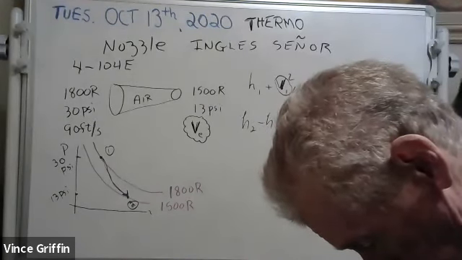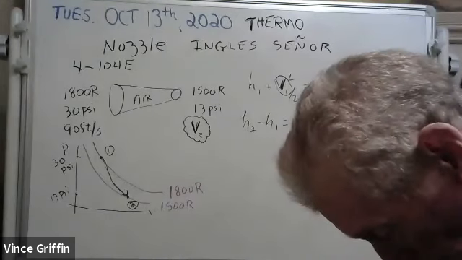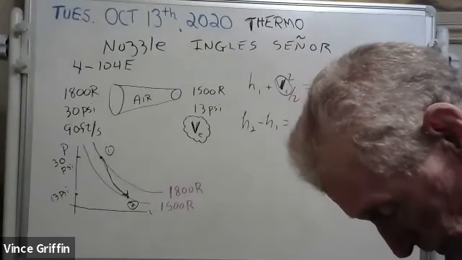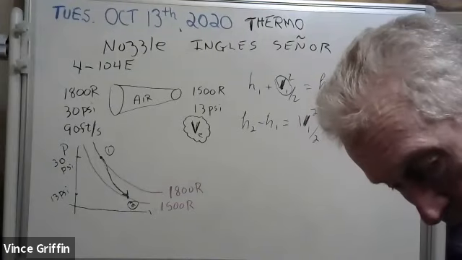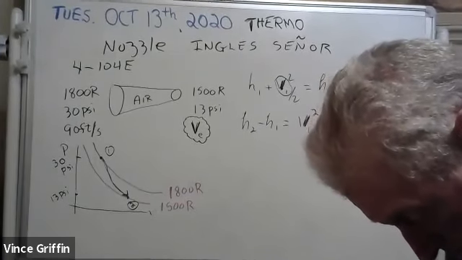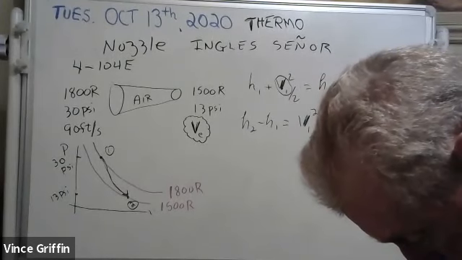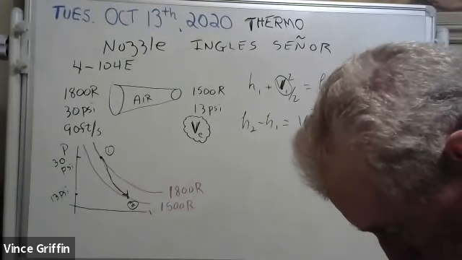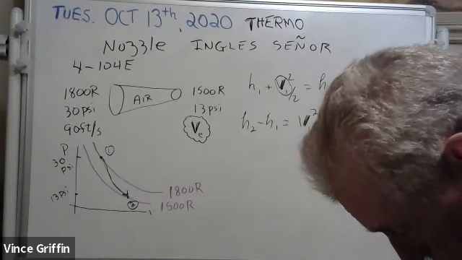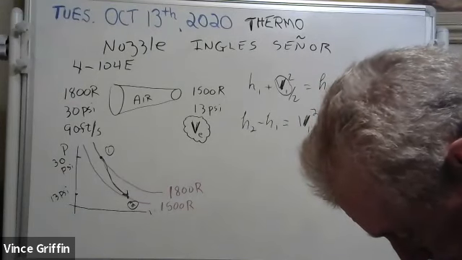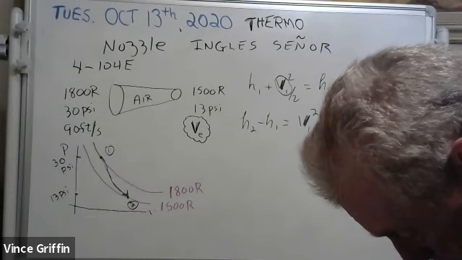And it says, uh-oh, they don't have a 1500. You got to interpolate between 1480 and 1520. Well, that's not hard to do. I'll write it out if anybody needs me to.